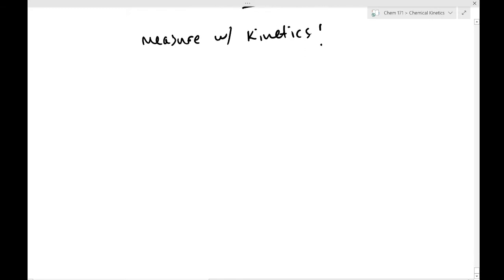So let's write out what exactly we can do with kinetics in regards to figuring out the reaction mechanism.